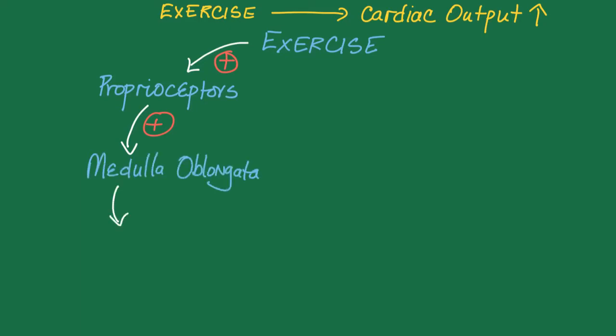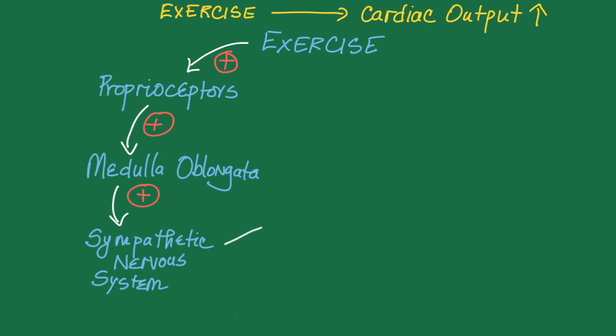The medulla oblongata in turn activates the sympathetic nervous system. If you remember, the sympathetic nervous system is always turned on when you exercise or when you are in some type of emergency situation. The sympathetic nervous system has an effect on the heart.